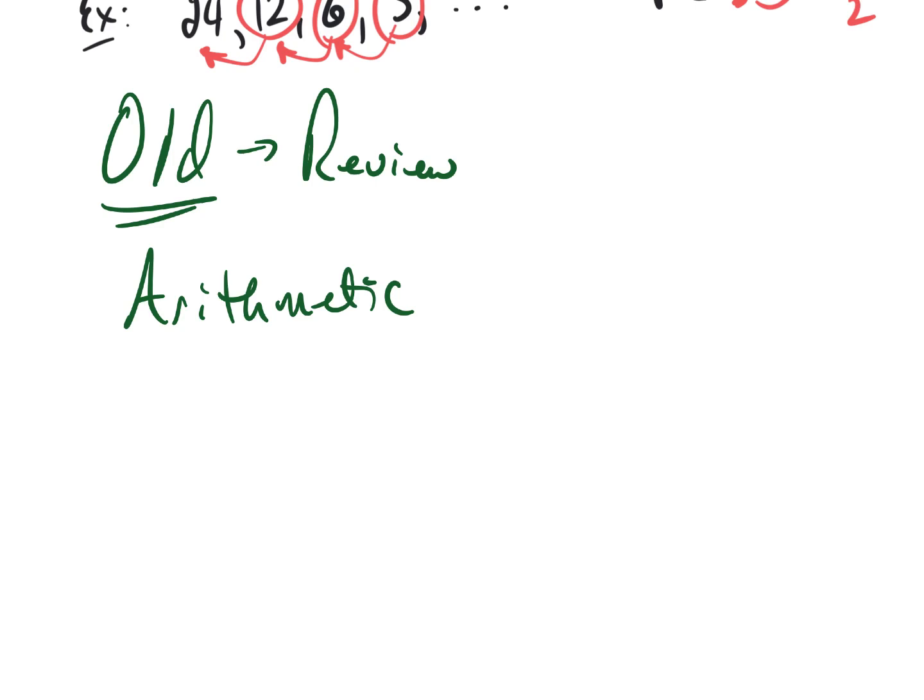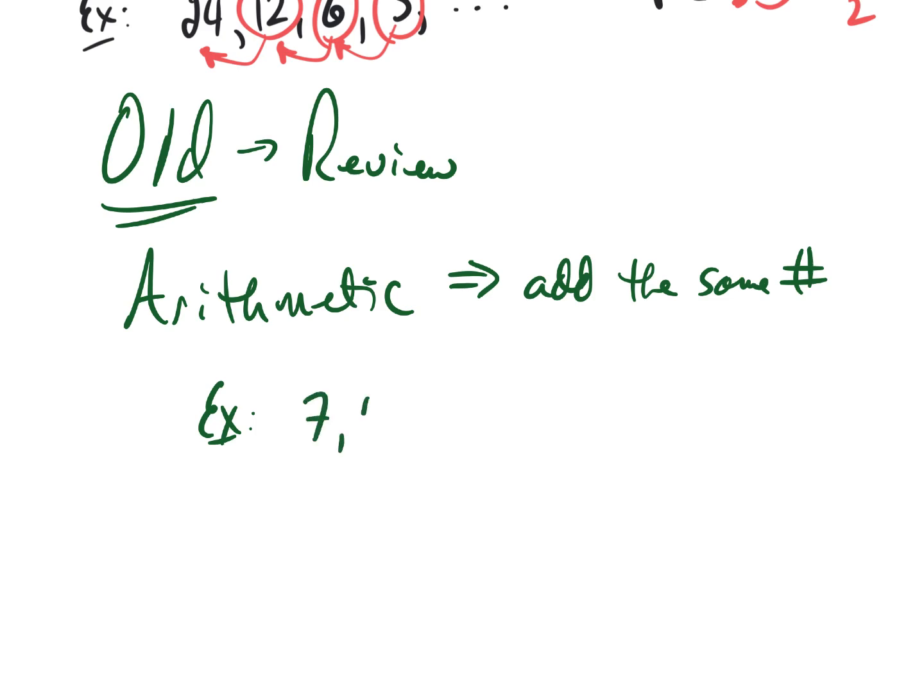What you had to do with arithmetic is add the same number over and over to get from one term to the next. So again, this is old. An arithmetic sequence would have been something like 7, 13, 19, 25, 31, and so on.